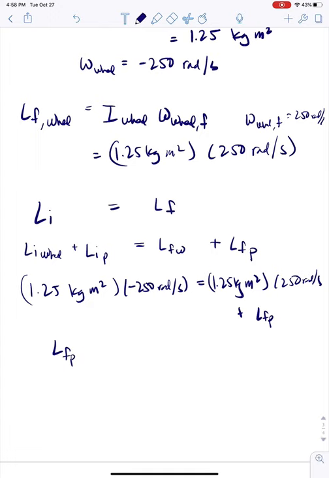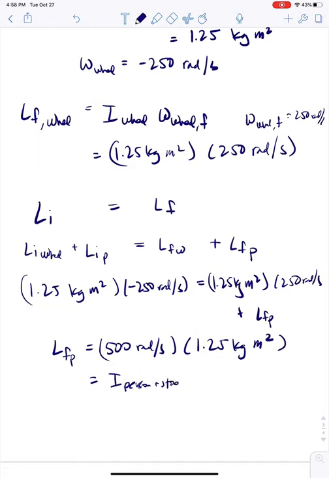So our L final for our person is equal to 500 radians per second times 1.25 kilogram meter squared. And this is going to equal I of the person plus stool times omega of the person plus stool.